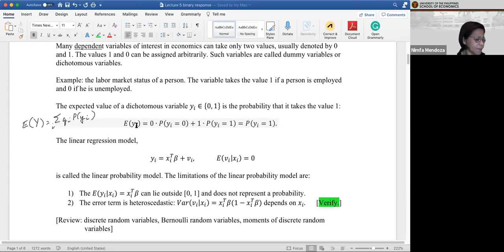So for a specific observation, it's either 0 or 1. You multiply 0 by the probability that y sub i is equal to 0, plus 1 times the probability that y sub i is equal to 1. However, the first term would be 0, so you get the probability that y sub i is equal to 1. That's why the expected value of y sub i is the probability that y sub i is equal to 1.